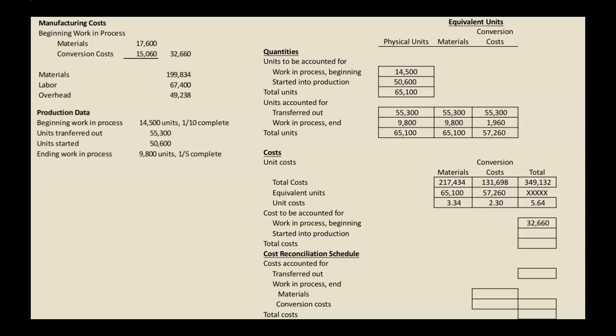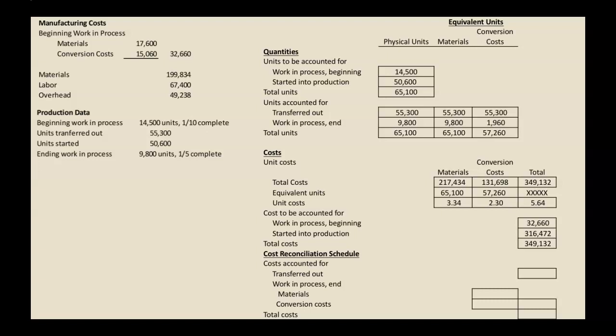So the $199,000, the $67,000, and the $49,000. We add those three amounts together, and we see that we started into production manufacturing costs worth $316,000. So our total cost, if you add together what you started into production and what you had in your beginning work in process, is $349,132. You'll notice we see that number earlier as well with our total cost.